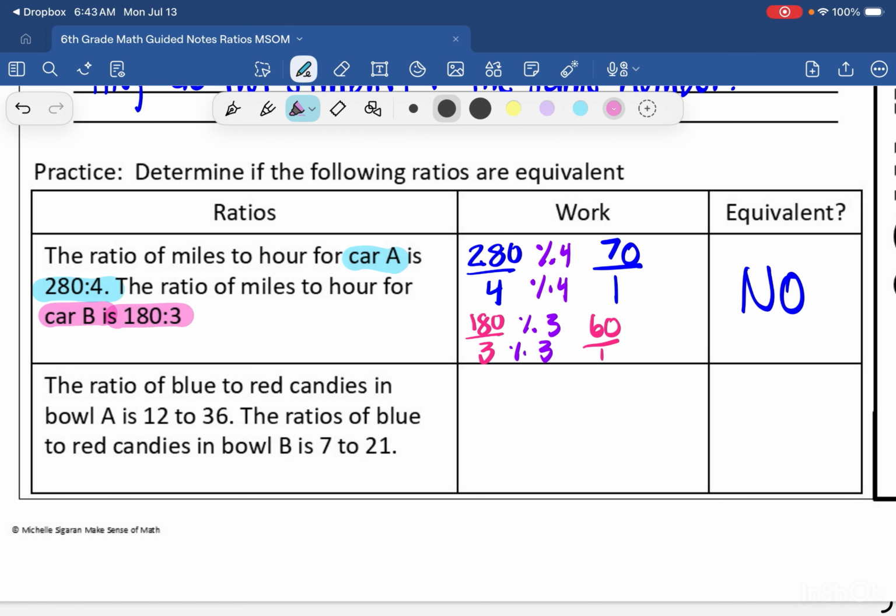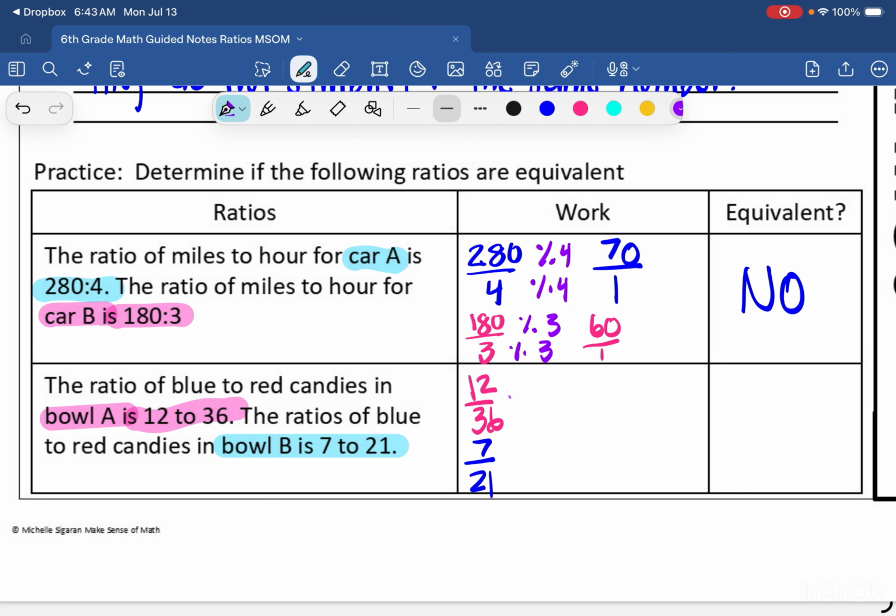The ratio of blue to red candies in bowl A is 12 to 36. So let's write that as a fraction, 12/36. The ratio of blue to red candies in bowl B is 7 to 21. So let's write that as a fraction, 7/21.